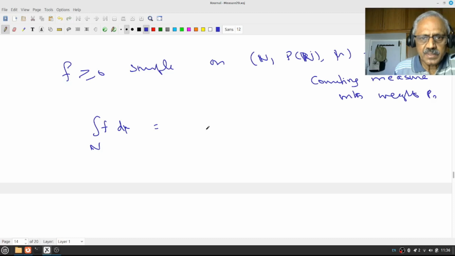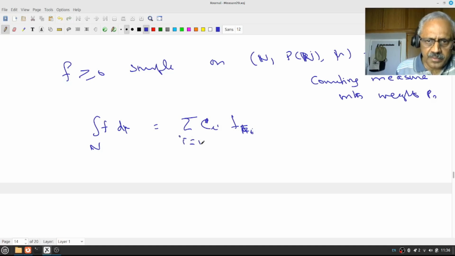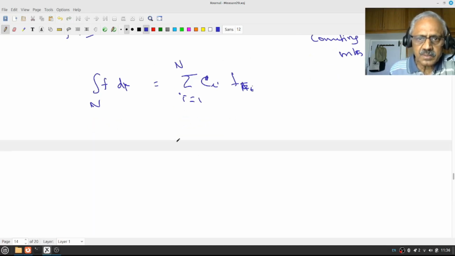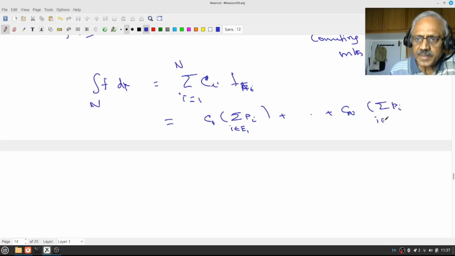By definition, this is going to be the sum of c_i times the indicator function of A_i, i equal to 1 to n. What does this mean? It means c_1 times the sum of p_i for i in E_1, and similarly c_n times the sum of p_i for i in E_n.